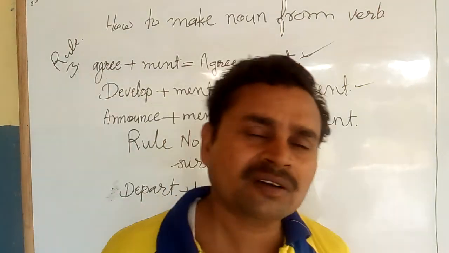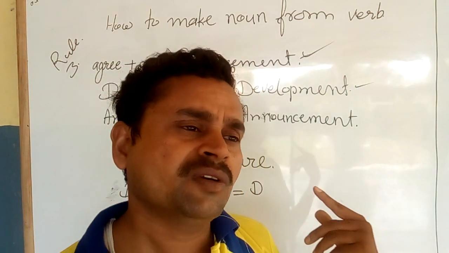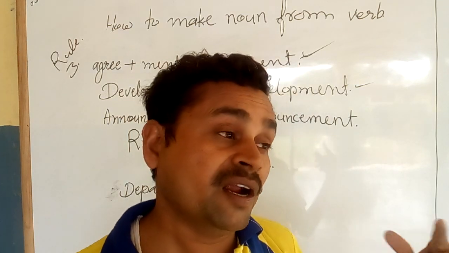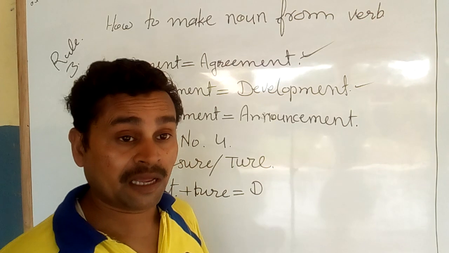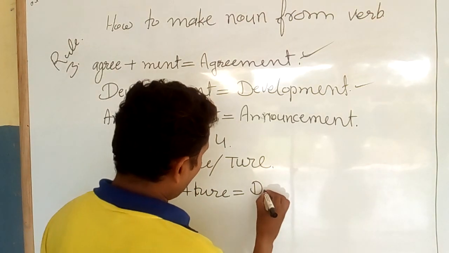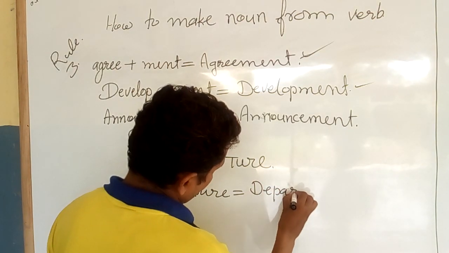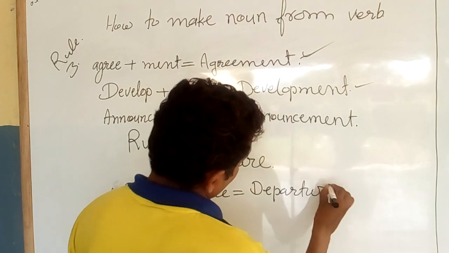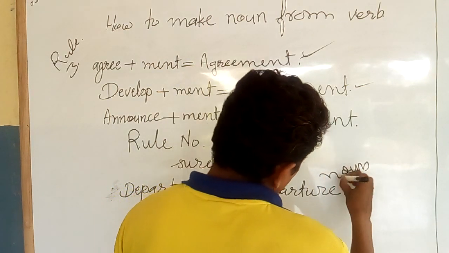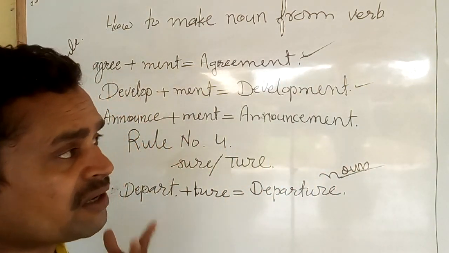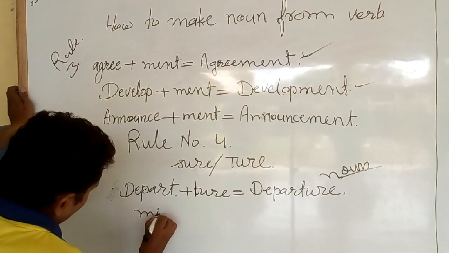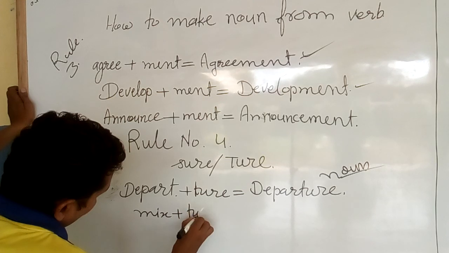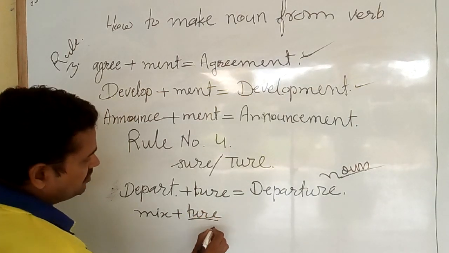You have listened to this word a lot of times, many times at railway stations. Departure time, arrival time. So departure. This is a noun. Now the next word, you can take mix, and you can add -ture.